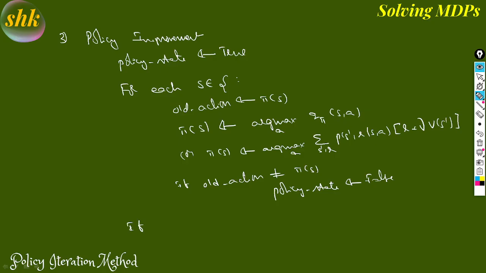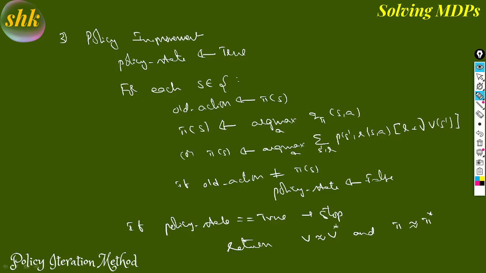So if the policy state is true, then we are going to stop the iteration and return the value function v, which is nothing but the optimal value function v star, and we will return pi, that is the policy, which is nothing but the optimal policy pi star.